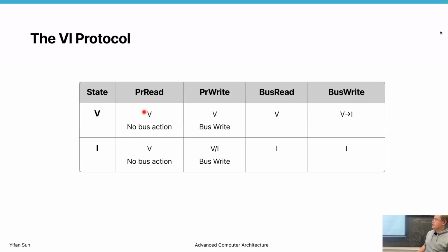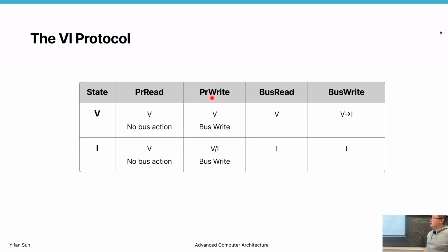If we're in V state, when processor reads the data, we just send the data back and we mark it still in V state. When it's in I state and processor reads it, we should do a bus read. We read from the memory and we mark it as V state.